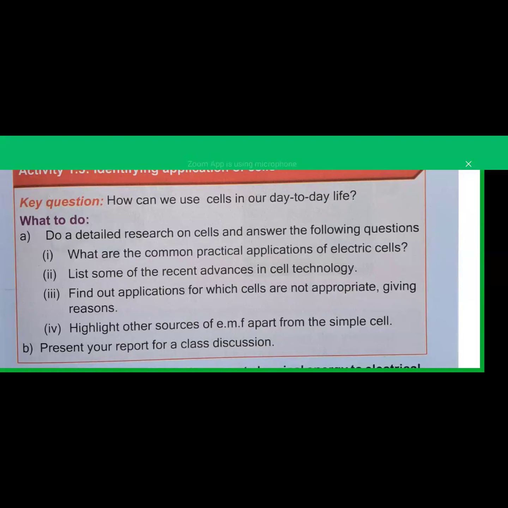Someone using Dell Latitude, please unmute and contribute as well. Are they over? Roman 2? Yes, they are. What are some of the recent advances in cell technology?